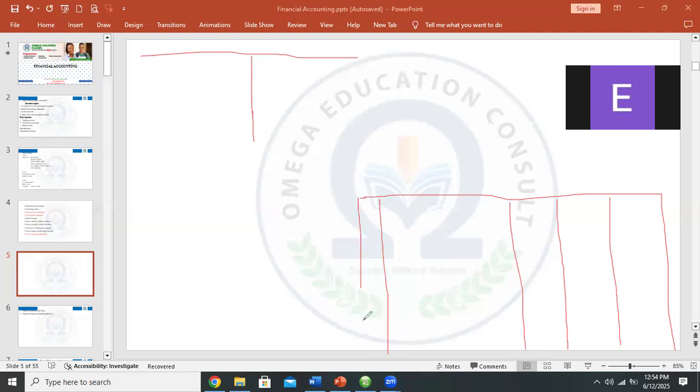Okay, so these are the columns in a bank statement, right? I'm going to label all of them, but this is your bank statement. And we saw last time that this statement is prepared by the bank, and it normally gives you a summary of all the monies that you have deposited into the bank account and all the monies you have withdrawn from that account, as well as any outstanding balance.